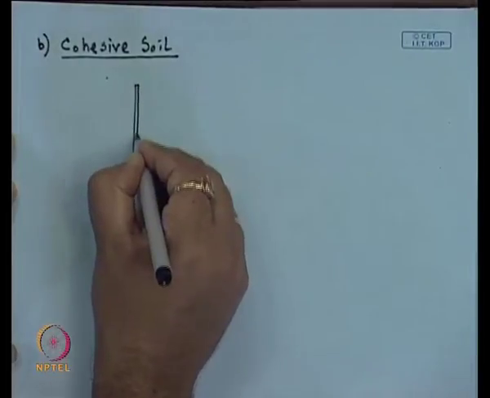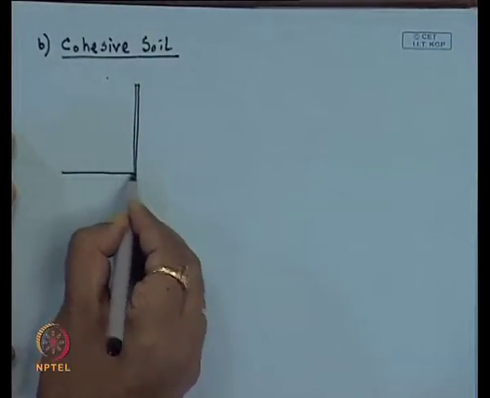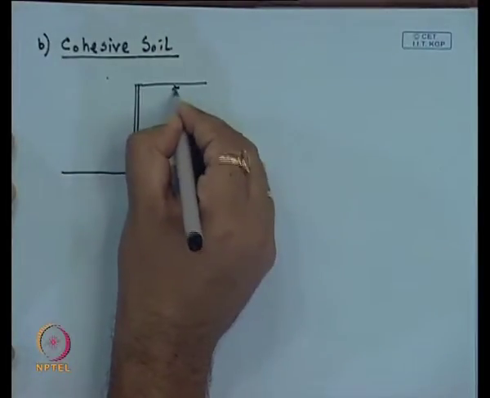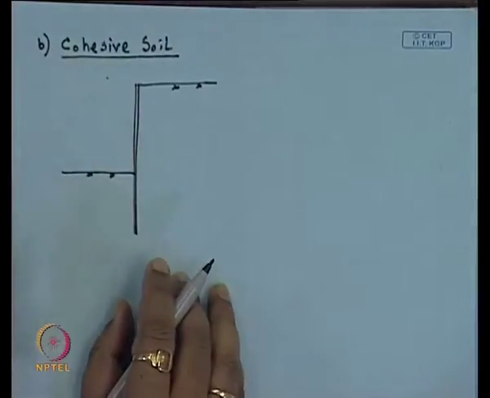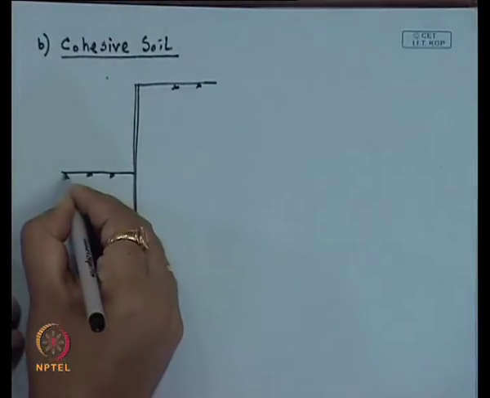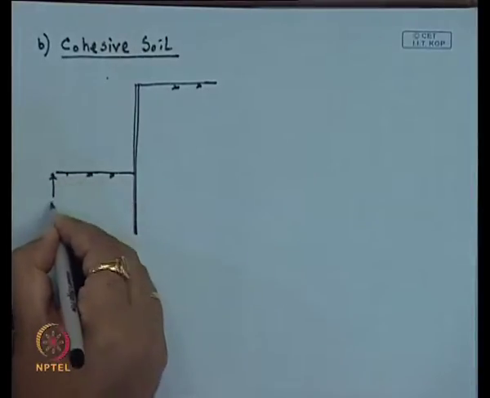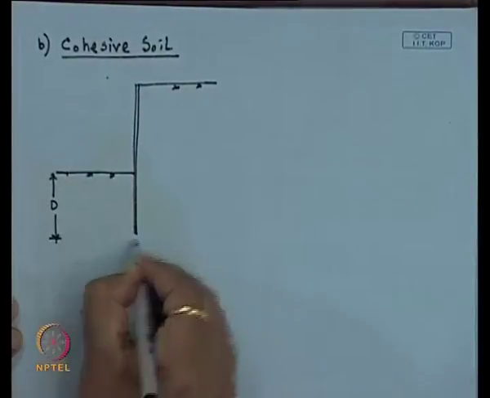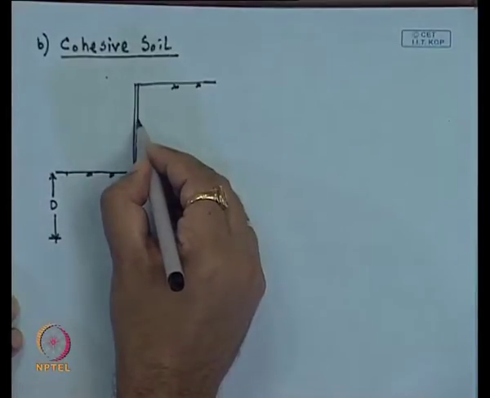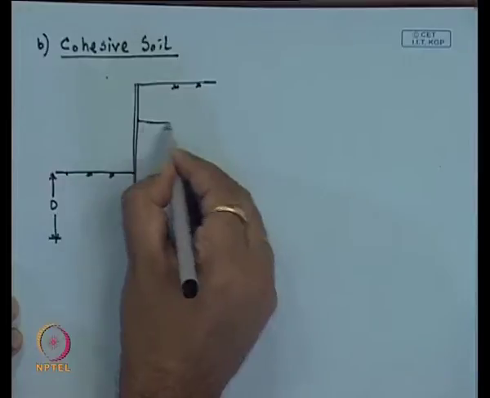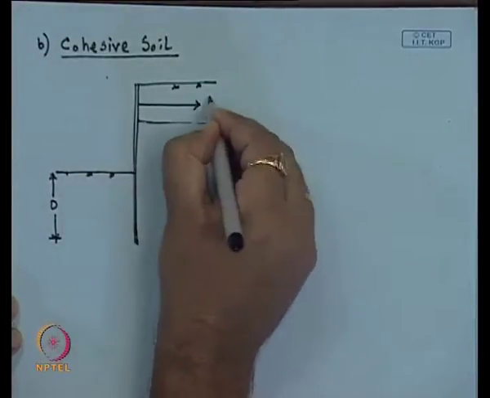sheet pile, but the soil is different. This is the top portion, this is the dredge level. So, required depth is D. Here the same, this is the position of the water table, this is the anchor force F that is applied.